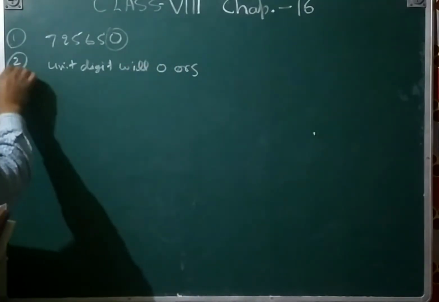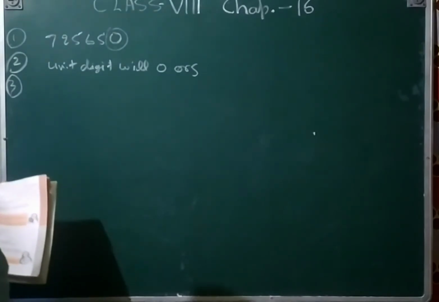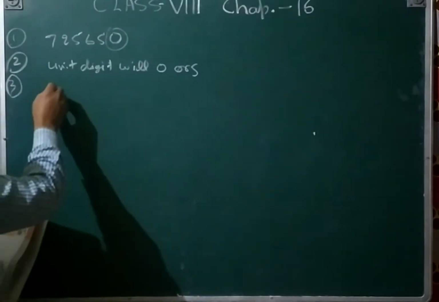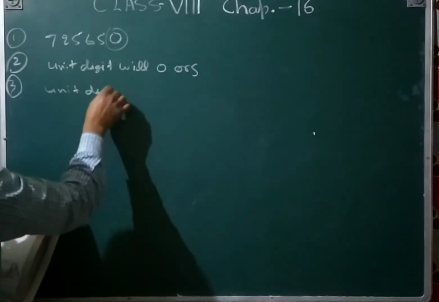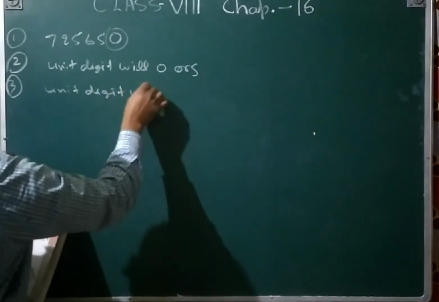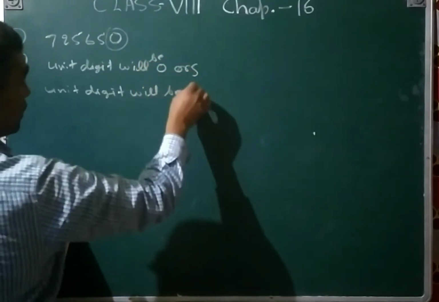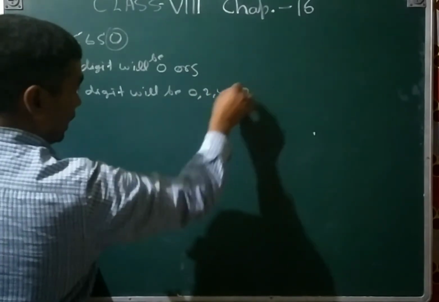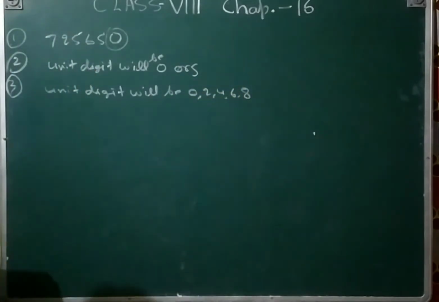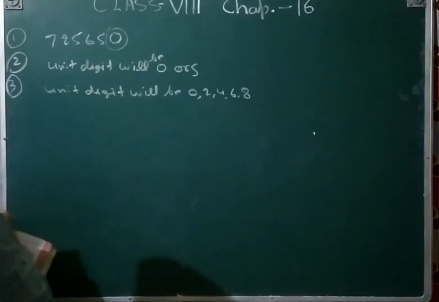So that third is divisibility by 2. If the unit digit is 0, 2, 4, 6, 8, it means an even number, and that is also divisible by 2.